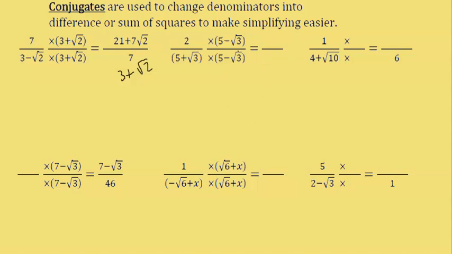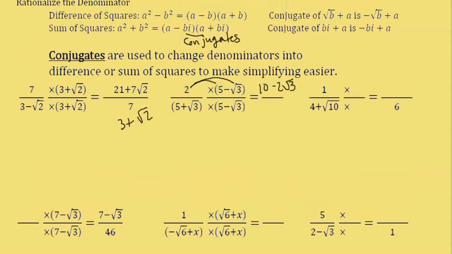For the next one, we're going to multiply each of these terms by 2, and that would give you just 2. If you multiplied it out, we'd have 10 minus 2 square root 3. And if you multiply these together, you can use your difference of squares formula. It would be 5 squared minus square root 3 squared.